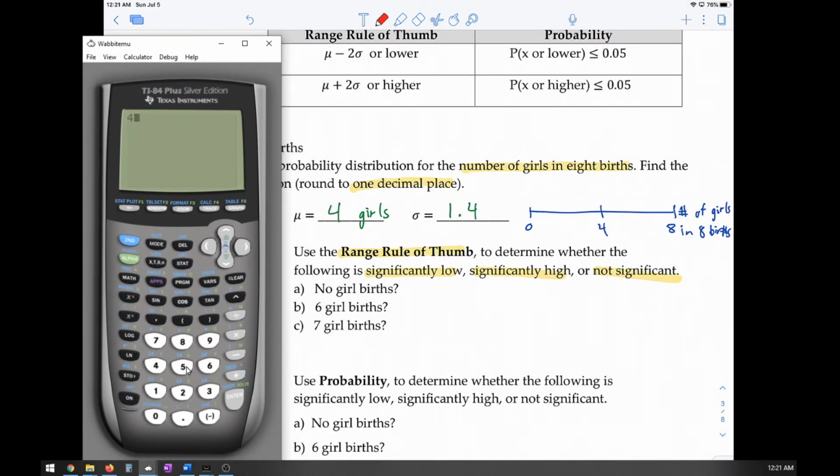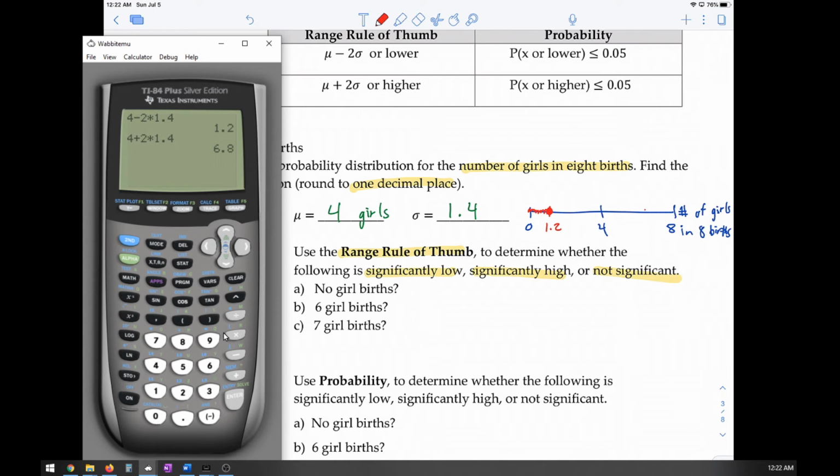The mean is 4, and we subtract 2 times the standard deviation, 1.4. So if the number of girls is 1.2 or lower, that's significantly low. Significantly high would be 4 plus 2 times 1.4, so 6.8 girls or higher.